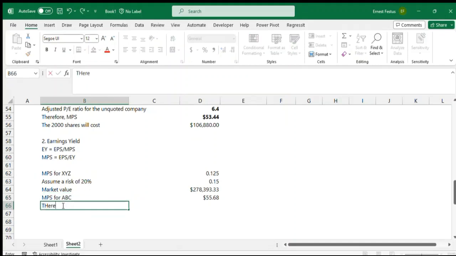Therefore, we have the value of 2,000 shares.